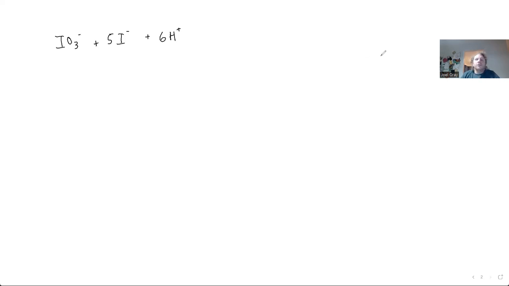So whenever you do this second part of the titration, you're adding the KI and you're adding HCl to that solution. Then you're titrating in the potassium iodate. What this is going to give us ultimately is 3 moles of I2 plus H2O.